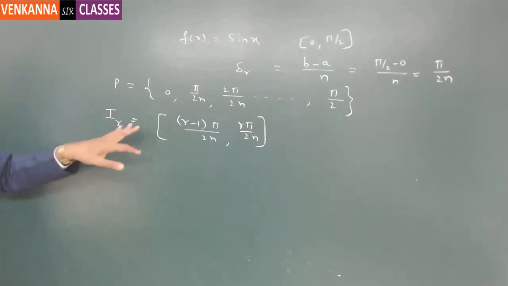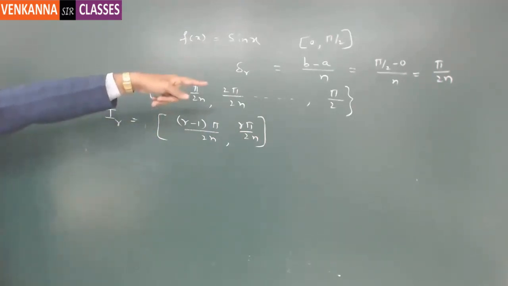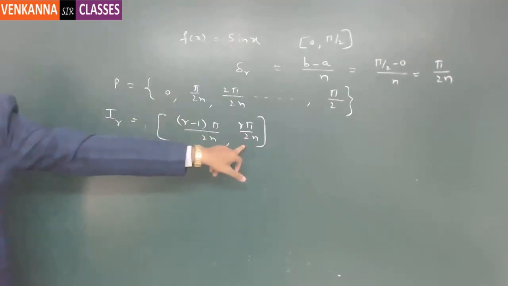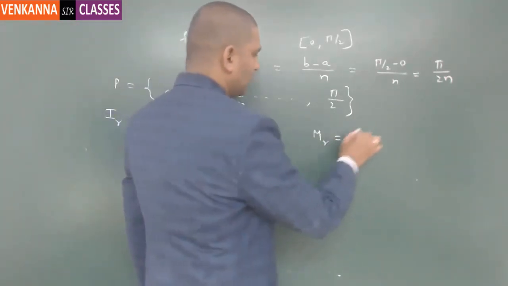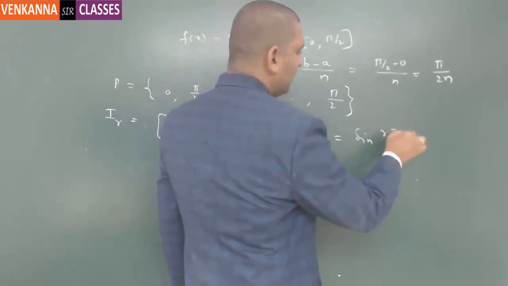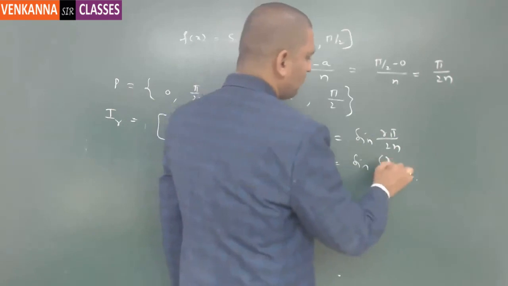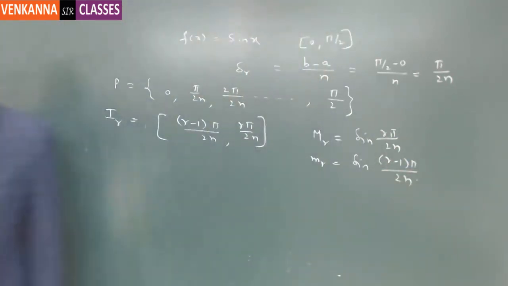So whenever you take a subinterval here, since the function is increasing on the subinterval, the first one gives the infimum and this one gives the supremum. So supremum mr is equal to sin r pi by 2n, infimum small mr is equal to sin of r minus 1 into pi by 2n. And the length of the subinterval is delta r, pi by 2n.